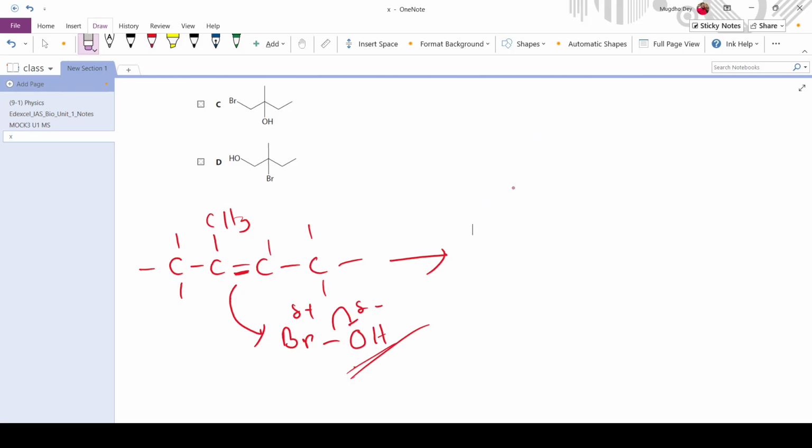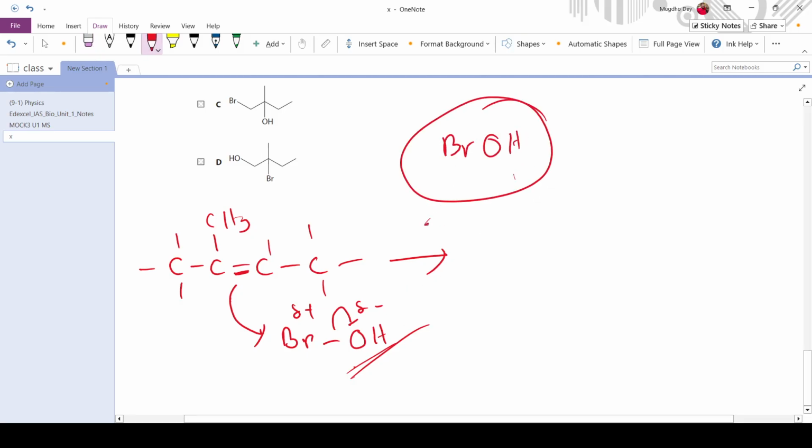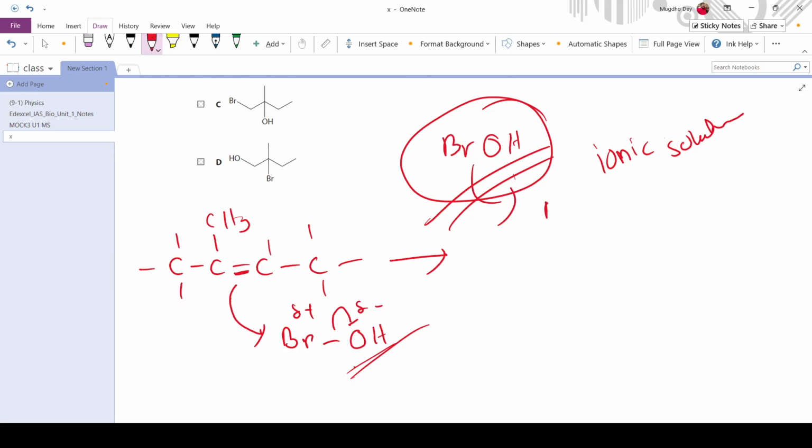Okay, either way, let me just tell you why hydroxide is negative. Simply because this right here is an ionic solution. So obviously you can understand this is going to be Br plus and that's going to be OH minus. That's it, nothing else. Bromine water is basically an ionic solution.